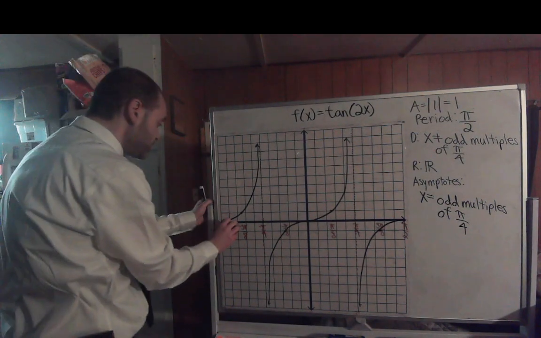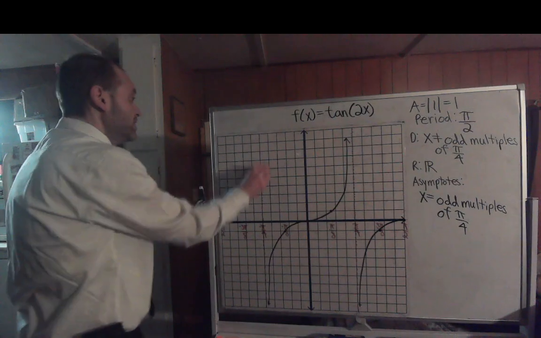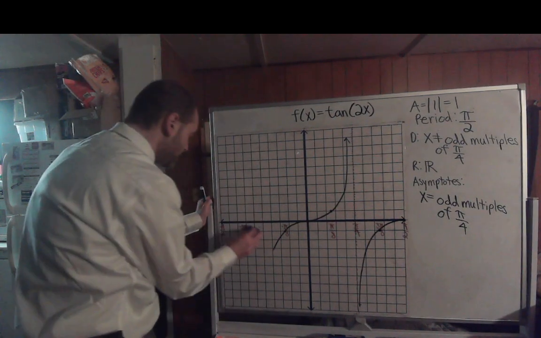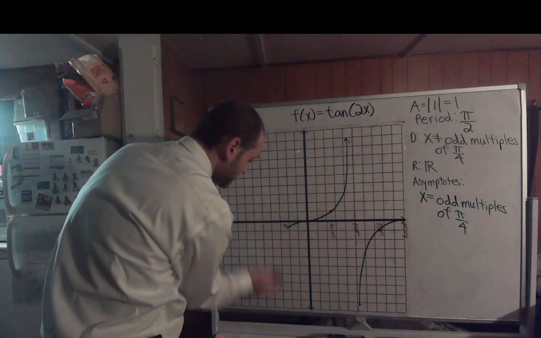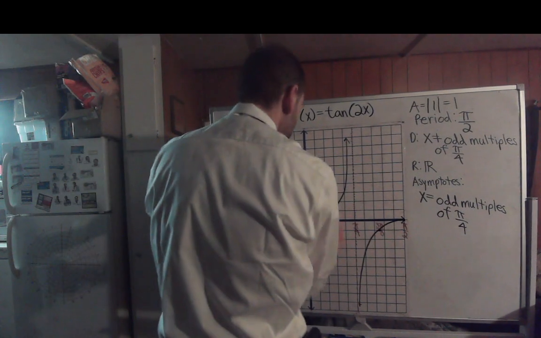Alright, now I got to do one for the cotangent. It's only fair. As a matter of fact, why don't we just reset that, because the period's going to change again.